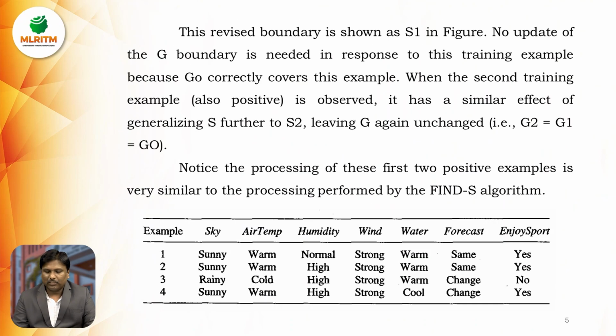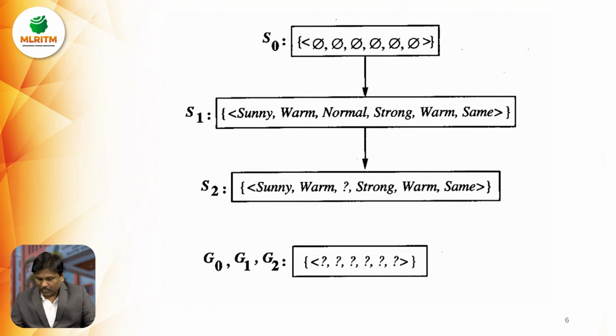So I considered this particular training example, enjoy sport, that is my task in this experiment. Here I have 3 positive and 1 negative example. First we represent the specific S by all null sets and general G by all question marks.